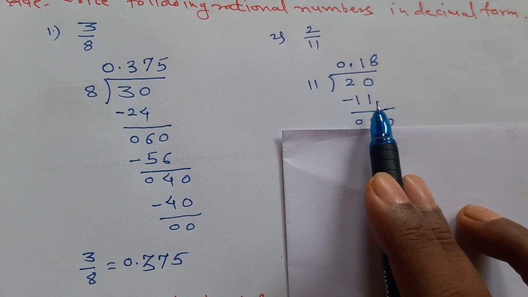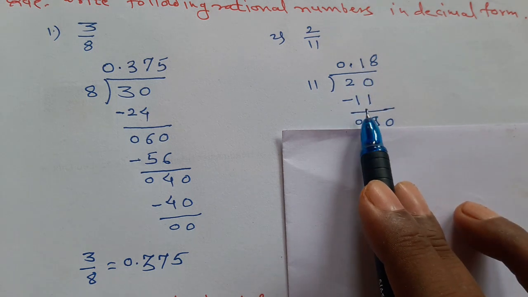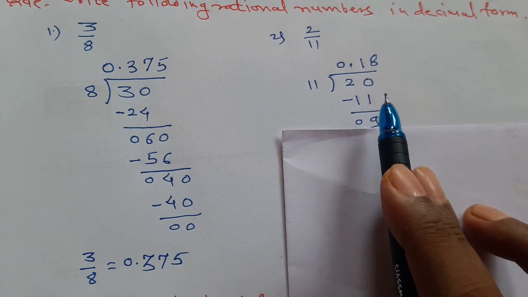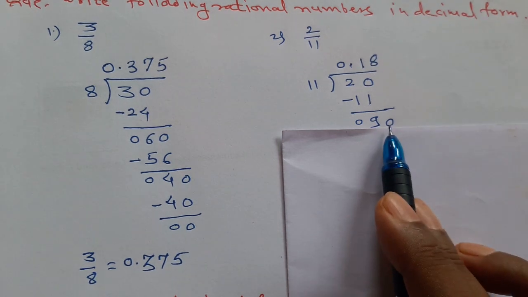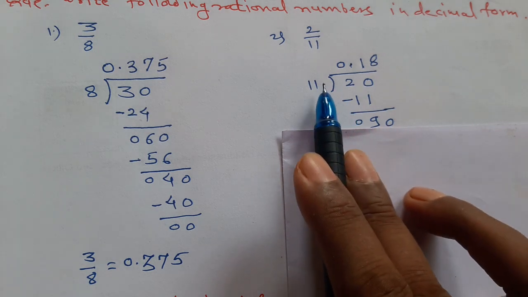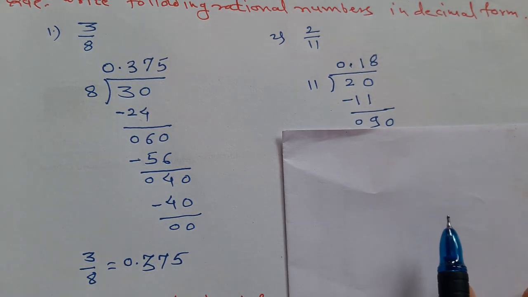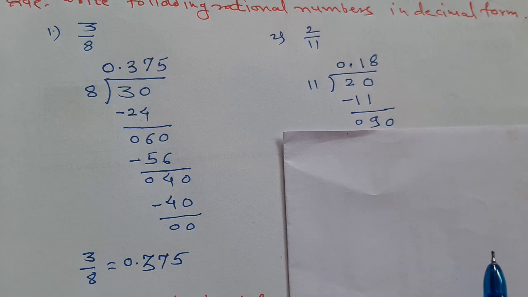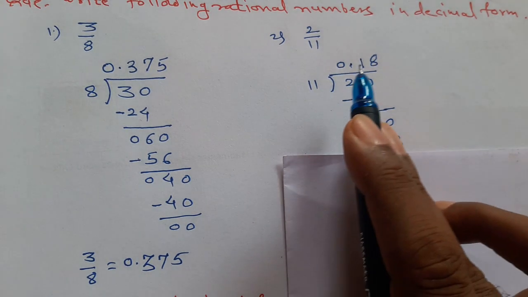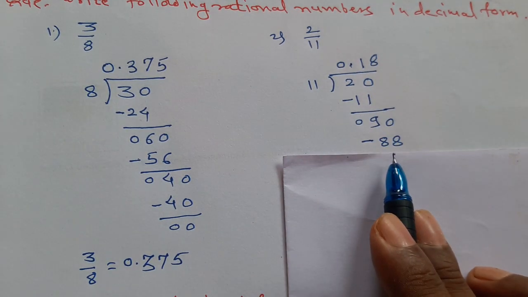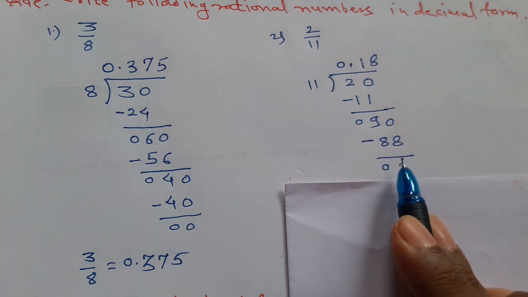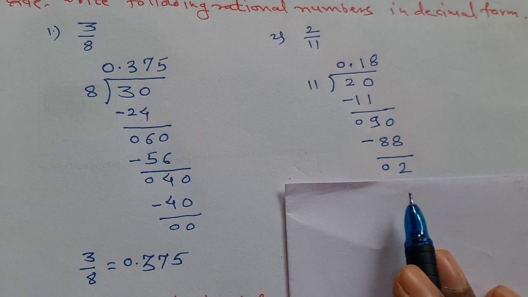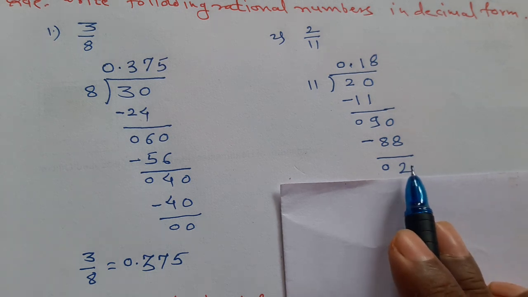We write here 11, 11 multiplied by 1 is 11. Then subtract, 20 minus 11 will be equal to 9. Take another 0 here, 90 divided by 11. Its quotient will be equal to 8. Then 11 multiplied by 8 will be equal to 88, and 90 minus 88 will be equal to 2. The remainder will be equal to 2.